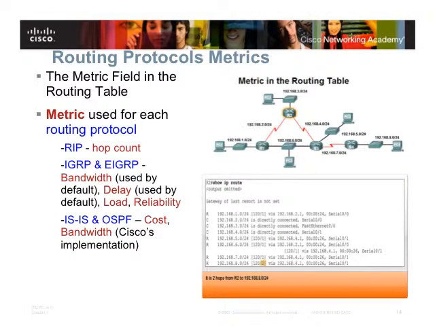Okay? For OSPF and IS-IS, as we said, these are link state protocols. For link state, you have what we call the link state database. In the link state database, you have the information about every single link. Every router has the information about every single link in the autonomous system or in the network.